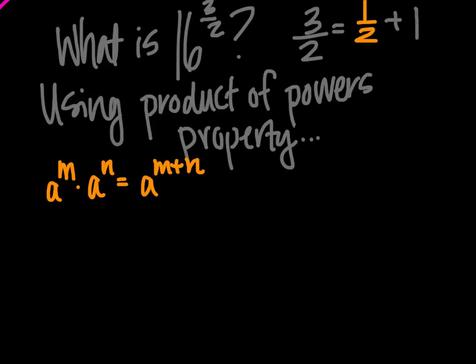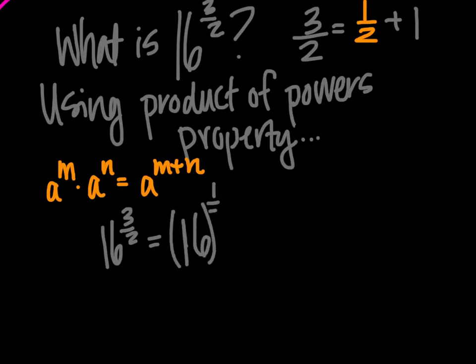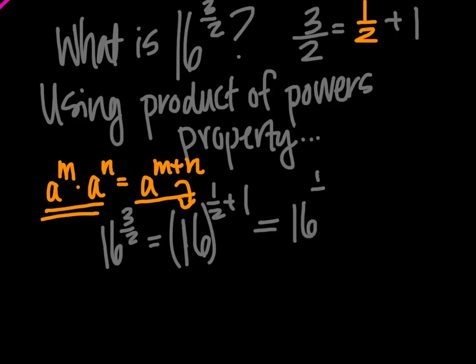So let's break this down. We got 16 to the 3 halves. We can break that down into 16 to the power of a half plus 1. Breaking it up once more, working backwards. So we can write that as 16 to the half power times 16 to the first power.